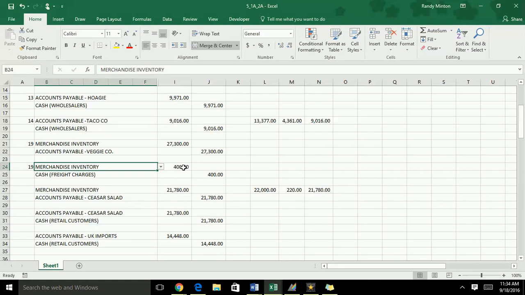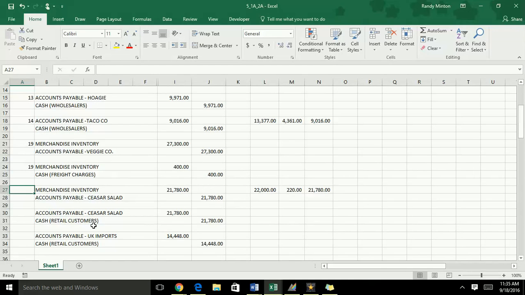In this case, we have $400 worth of freight expense that's going to be part of the merchandise inventory, and eventually we'll take it out of cost of goods sold. That's why I say that it's actually ultimately an expense, but for right now, it's part of our asset merchandise inventory. The cash is going down, so it's being credited. So we have basically an asset swap here. We're getting merchandise inventory, an asset going up, and we have cash, which is an asset coming down.